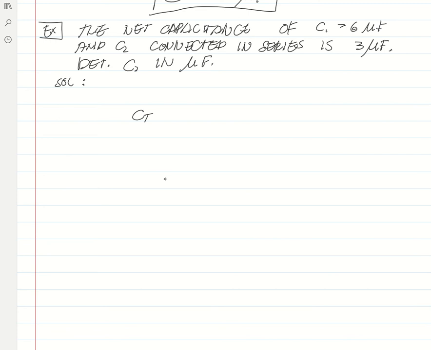We can use the formula C1 times C2 all over C1 plus C2. This is the formula for the parallel version of two resistors, but they are in series and this is capacitors. Then we use the formula in parallel for resistors. So C1 times C2 all over C1 plus C2.